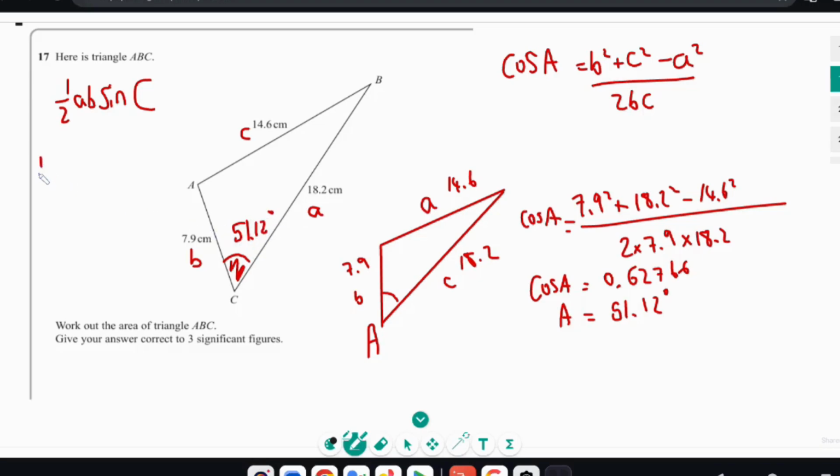So I can now do my half a times b times sine C. Correct to three significant figures, 56.0. Because you get 55.96, which would round to 56.0.